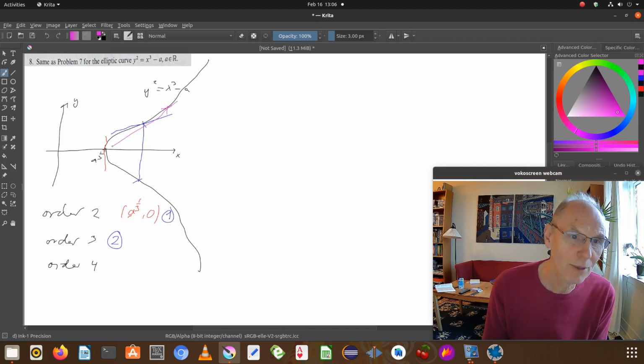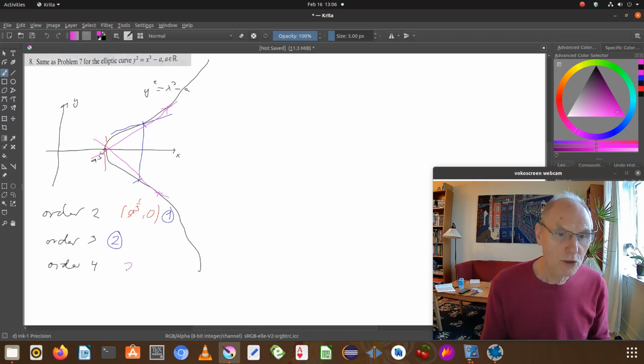There is one up here. So this one squared gives this one, because, rubbish. This one squared goes down here, and then the negative, etc. So there should be 2.